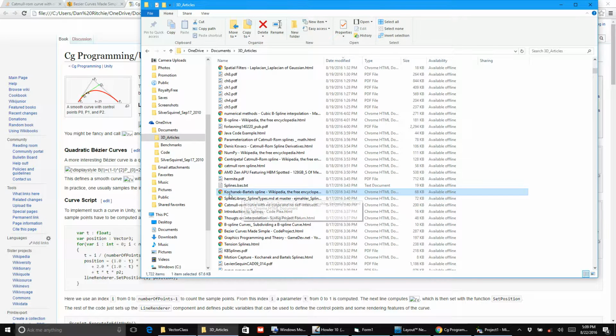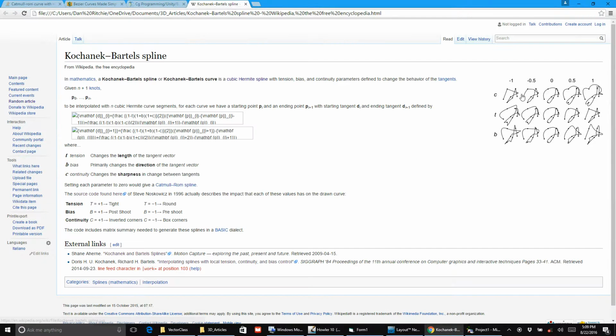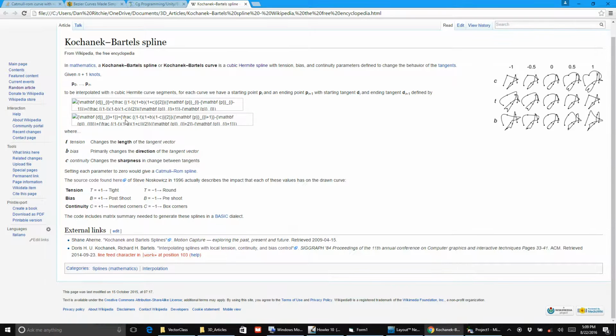That's it. The Kochanek-Bartels spline is what Lightwave uses, basically, which is a modified cubic Hermite spline with tension, bias, and continuity. We already said that a Catmull-Rom spline is a modified Hermite curve with a set tension.